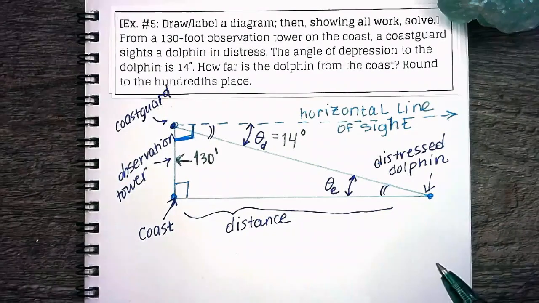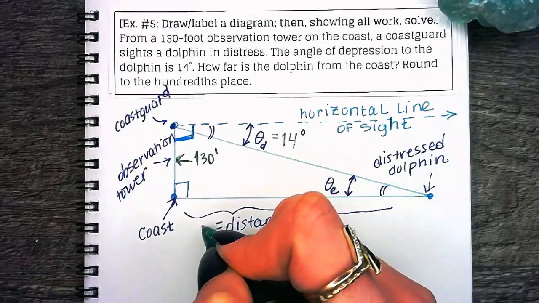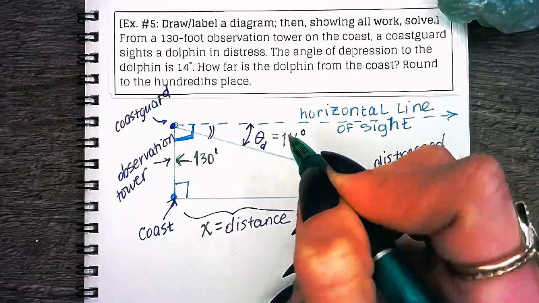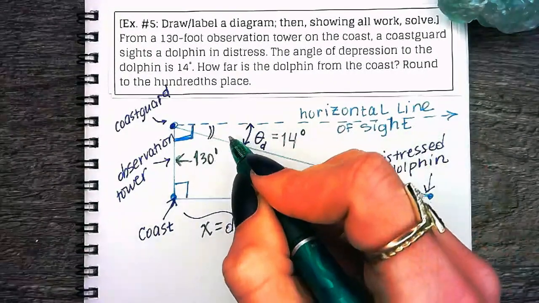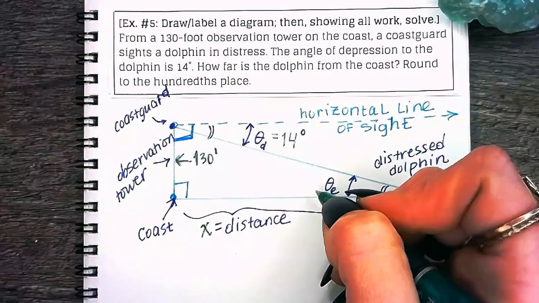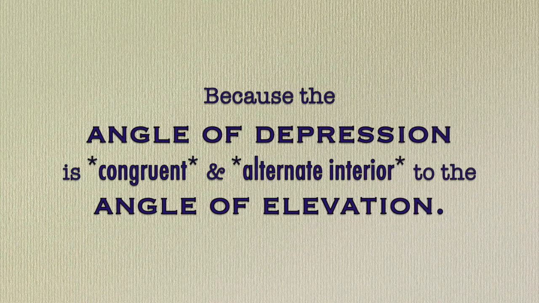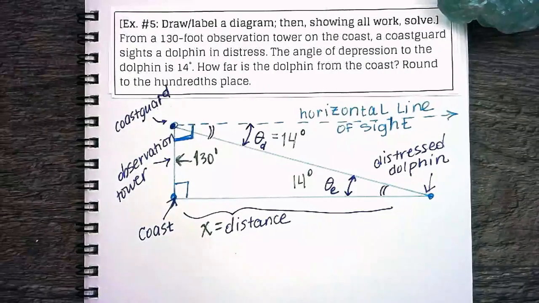How far is the dolphin from the coast is this distance. We don't know, and we're trying to find. And keep in mind, if the angle of depression is 14 degrees, which can be found here, not here, that means the angle of elevation is also 14 degrees. So you can draw this picture in more than one way.